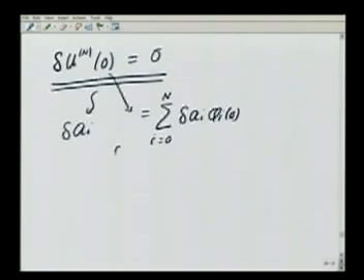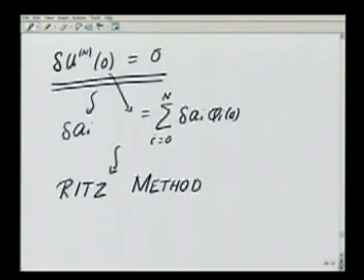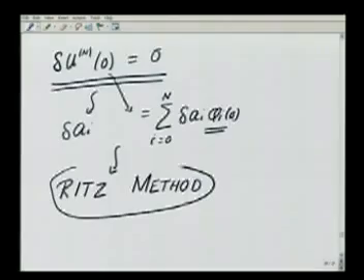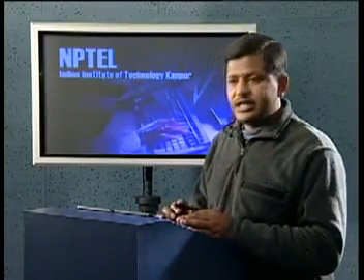So what we are going to do next is, we are going to look at this in a detailed way, and we are going to pose something called the Ritz method, where we are going to choose particular forms of these phi i's specifically for the model problem that we have taken, and we are going to basically formulate the problem in terms of this truncated series and solve it by minimizing the total potential energy with respect to the coefficients ai's.